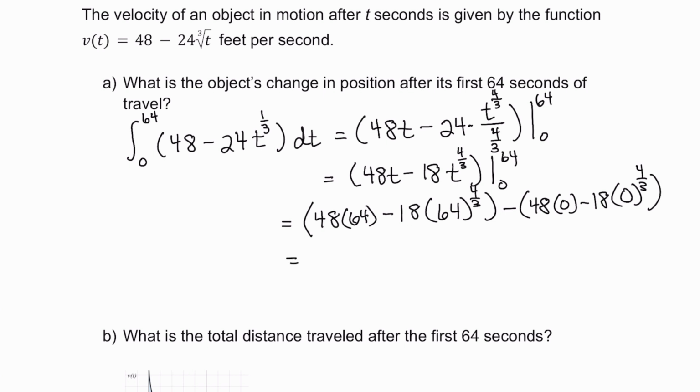And as we go through and evaluate that, you will find that you get negative 1,536. So that is telling us that our object is 1,536 feet behind its original starting point when it ends, or after its 64 seconds of travel.